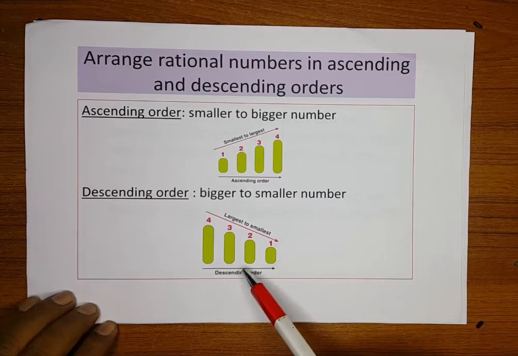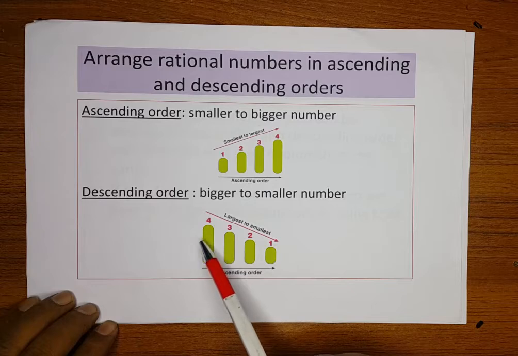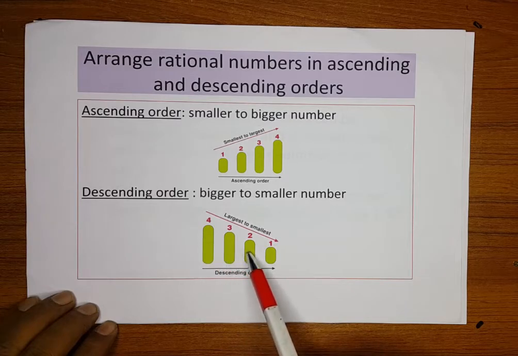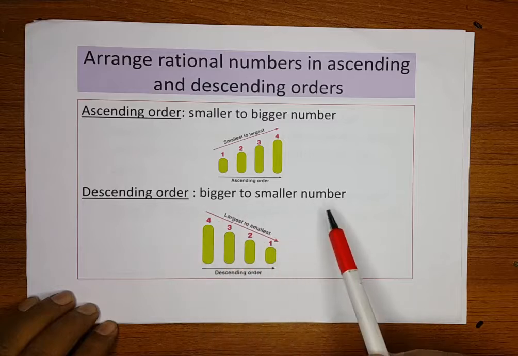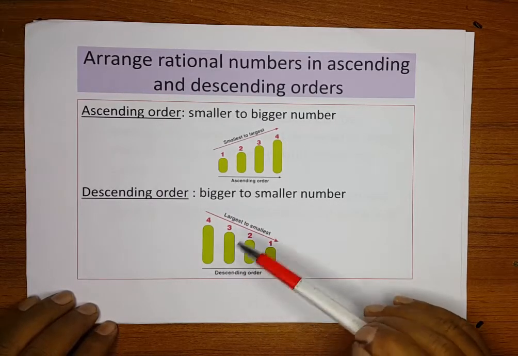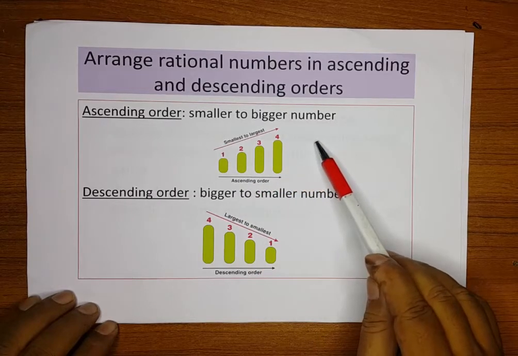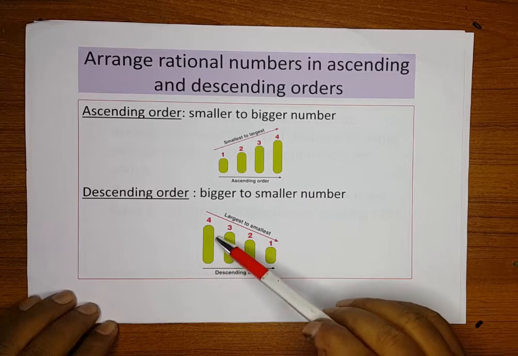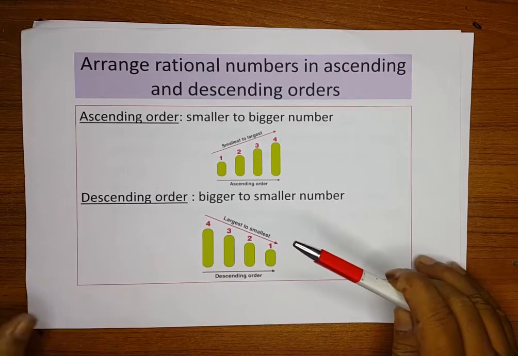Here the blocks are arranged in descending order: 4, 3, 2, and 1. So this is descending order. In our daily life, students, when we go up the stairs, that is ascending order, and when we come down the stairs, that is descending order.